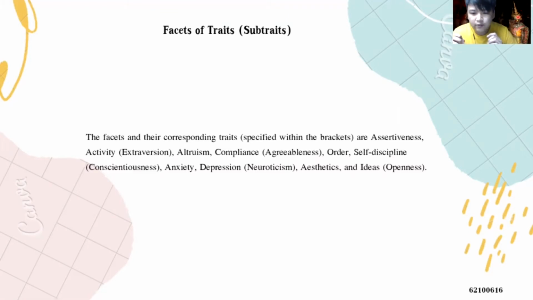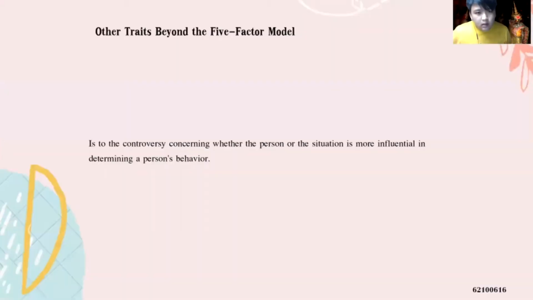Next, not being confused, because it leads to problems with bad thinking. And open your ideas, think with more critical thinking. Next is other traits beyond the 5-factor model.